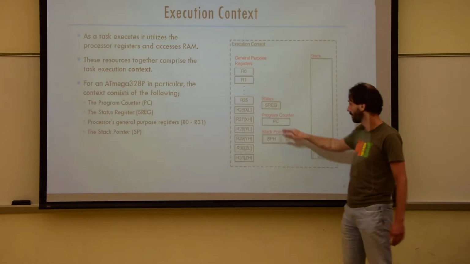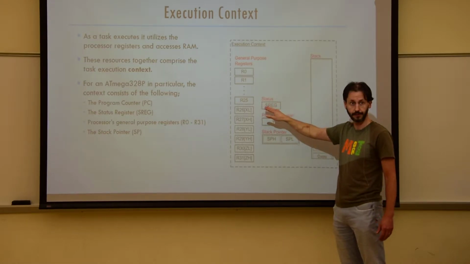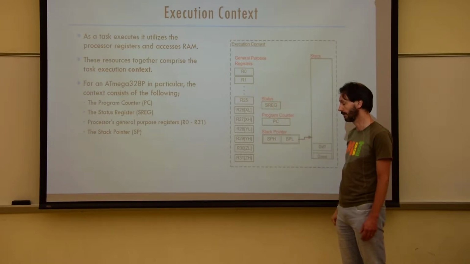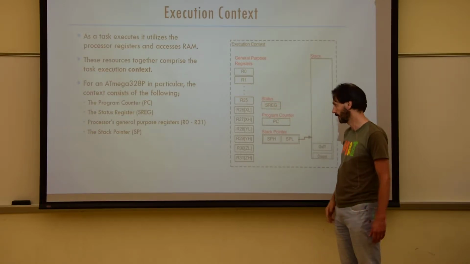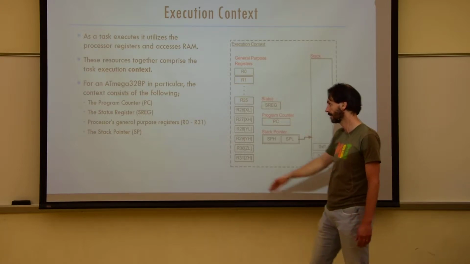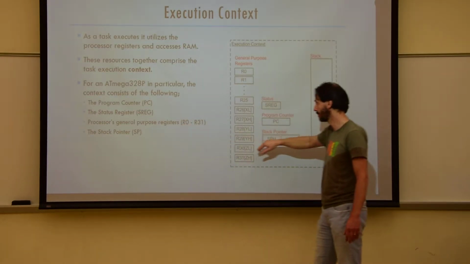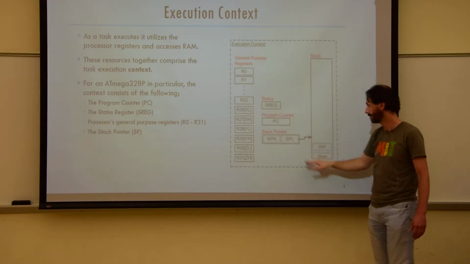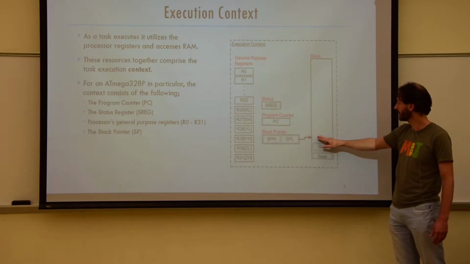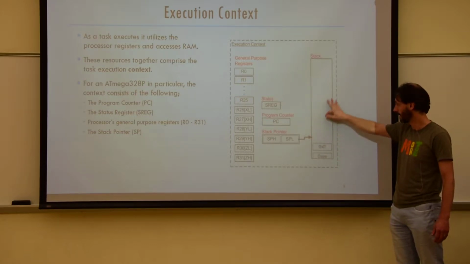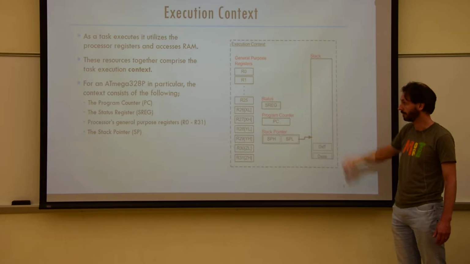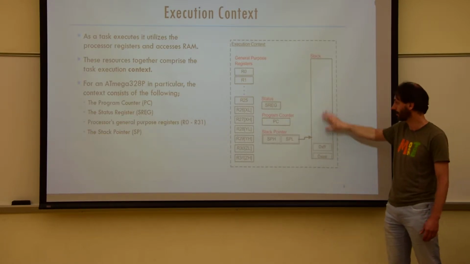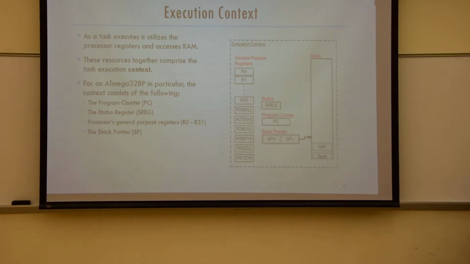It consists of the program counter, the status register of your AVR processor that has all the settings for the global interrupt enable and that kind of stuff, the processor's general purpose registers, 32 of those in total, and a stack pointer that points at the stack where a piece, say the code for a procedure, is stored for a task.